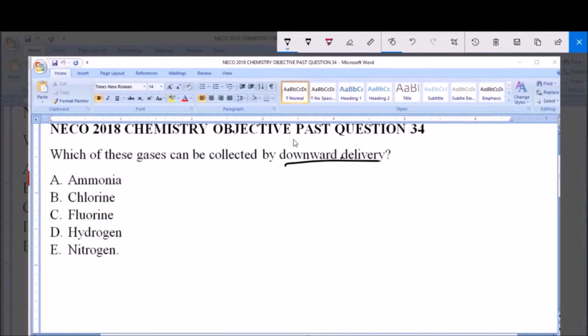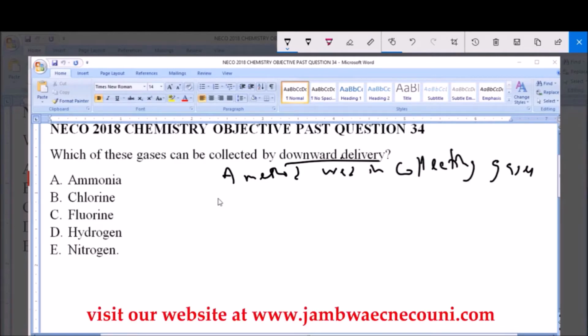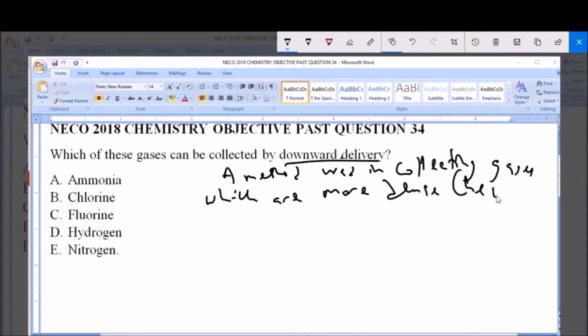Now downward delivery is a method used in collecting gases which are more dense or heavier than air after they have been prepared.